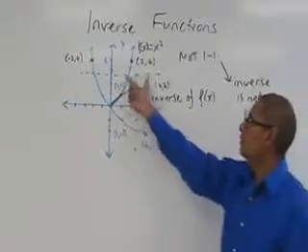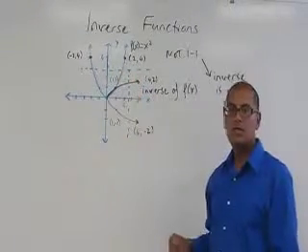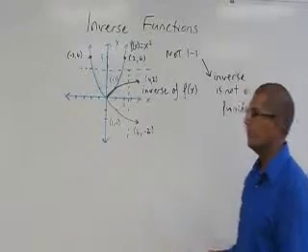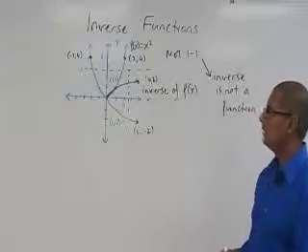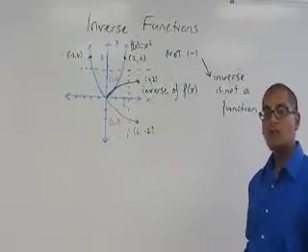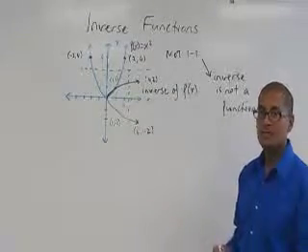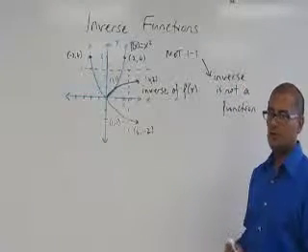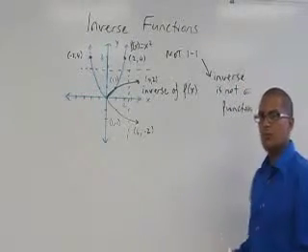And in this case, my outputs don't correspond to unique inputs, so it's not one-to-one. If you want to think about it graphically, one-to-one means that any horizontal line would only hit it in one place at most. And in this case, the horizontal line is hitting it in 2 places. So it's not one-to-one, so my inverse will not be a function.